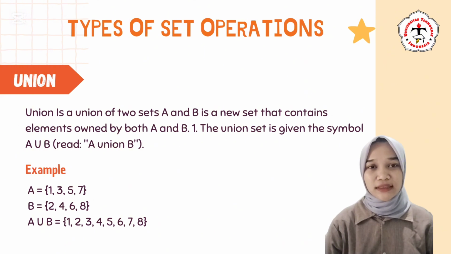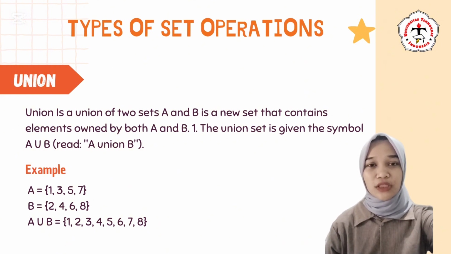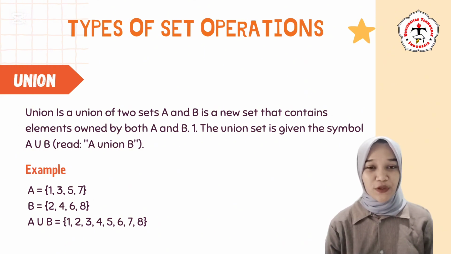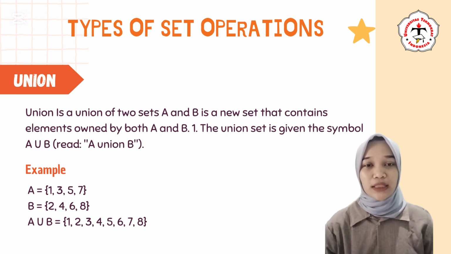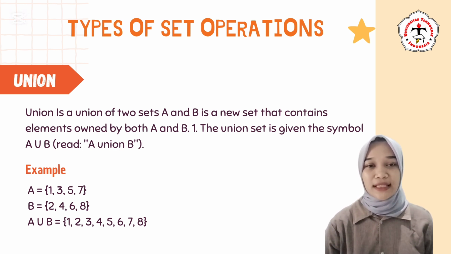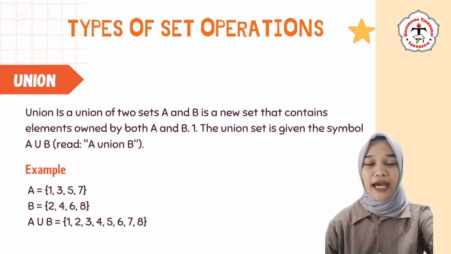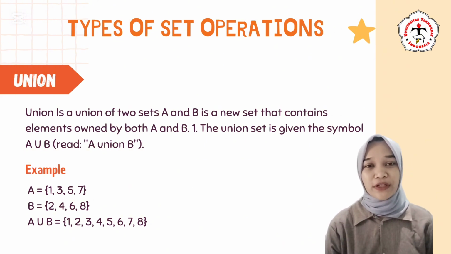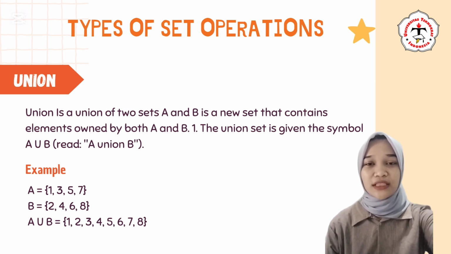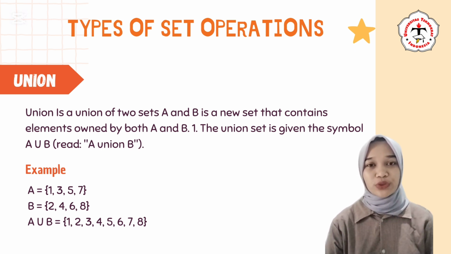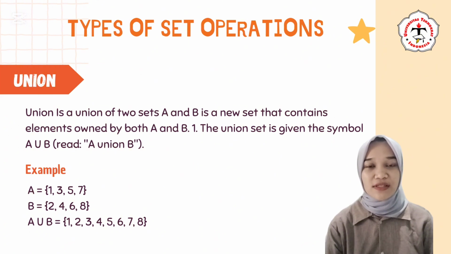The union set is given the symbol A ∪ B. For example, if A is {1, 3, 5, 7} and B is {2, 4, 6, 8}, then A ∪ B is {1, 2, 3, 4, 5, 6, 7, 8}.